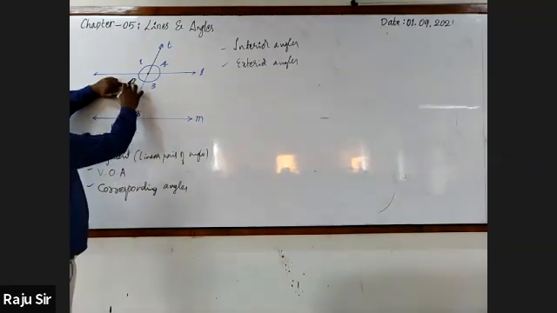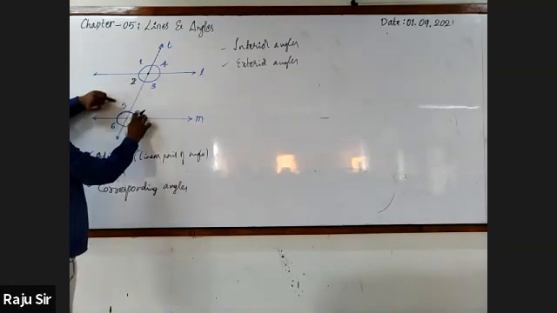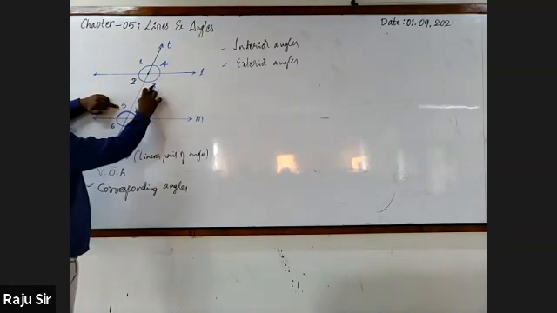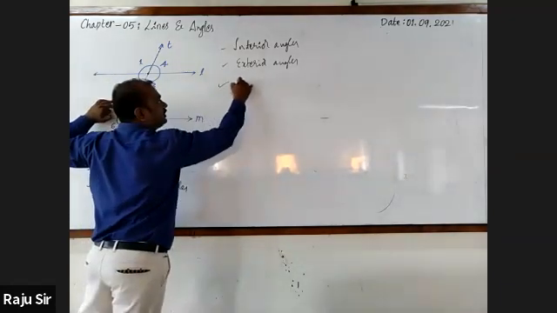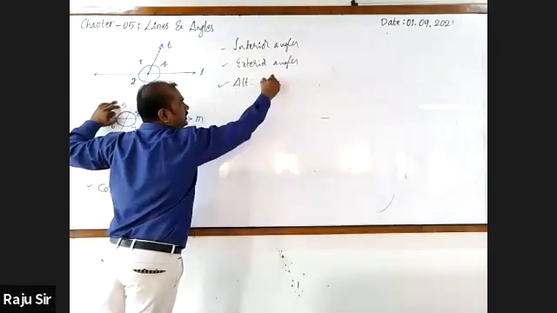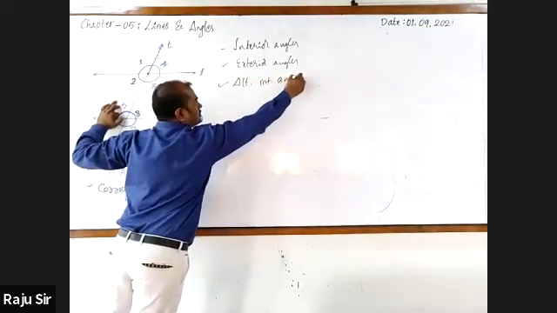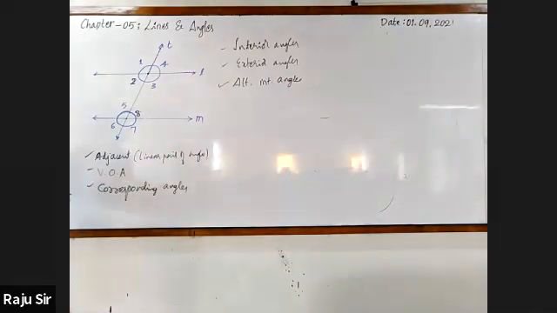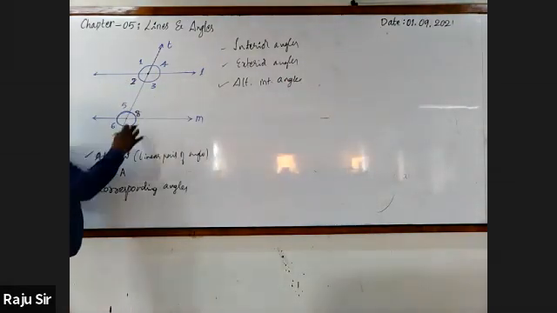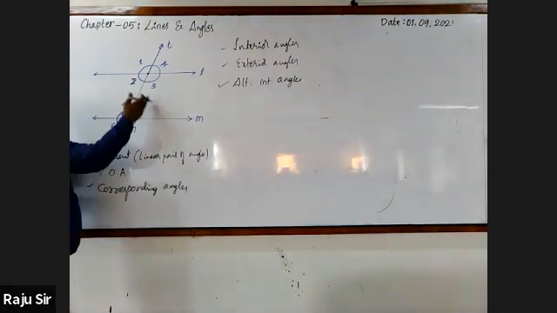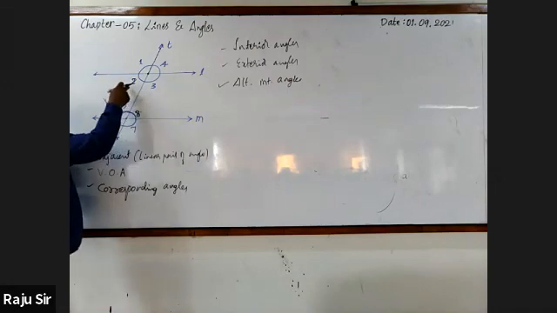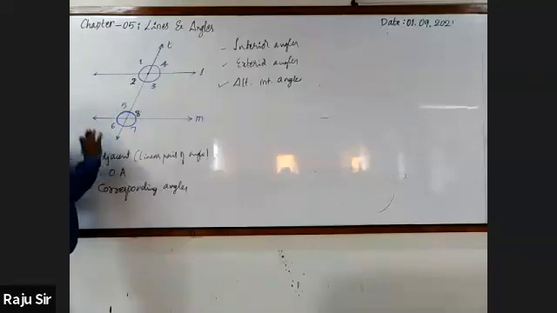Here angle 2's alternate interior angle is 8. Similarly for 5 it is 3. In case of parallel lines, they are equal. Angle 2 equals angle 8. Angle 3 equals angle 5.